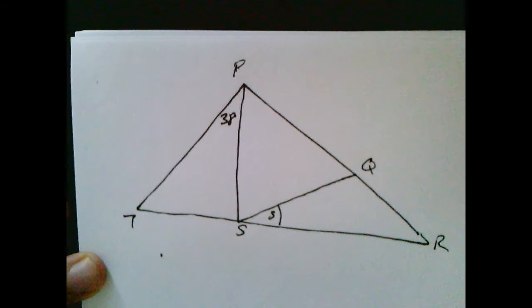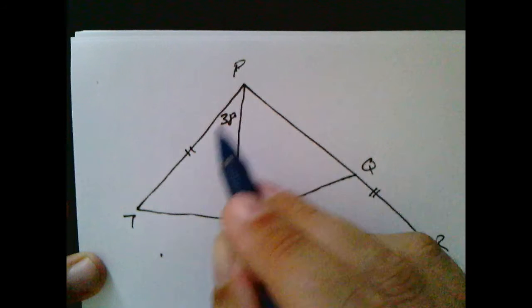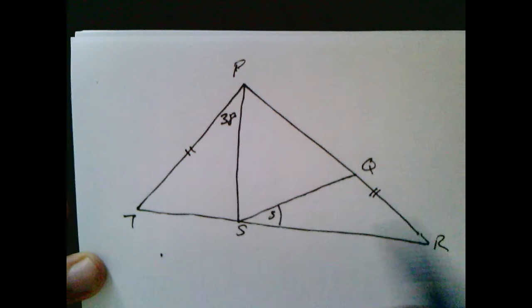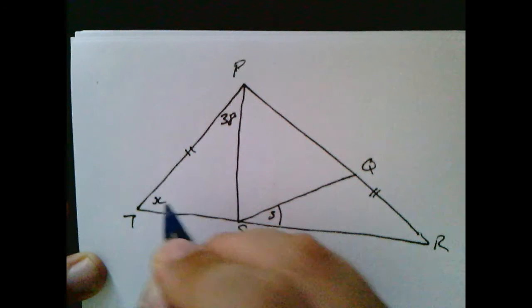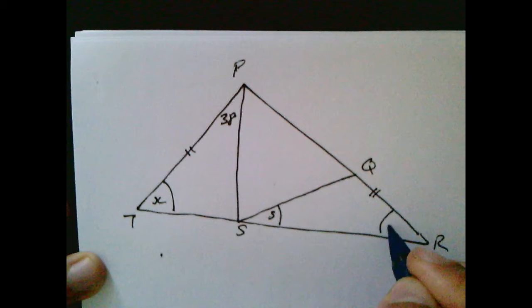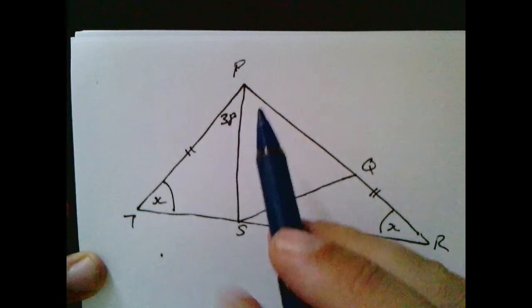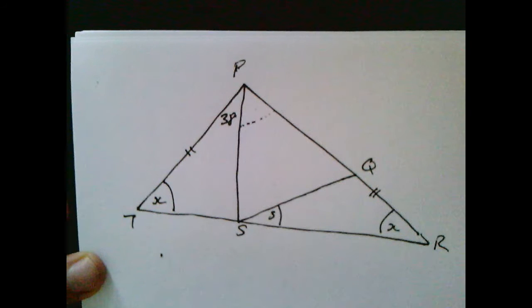Okay. What else are we told? TP is PR. So TP is the same as PR. So this is an isosceles, which means that if that is x and that is x, then we'll come back to it, we should be able to work out that.